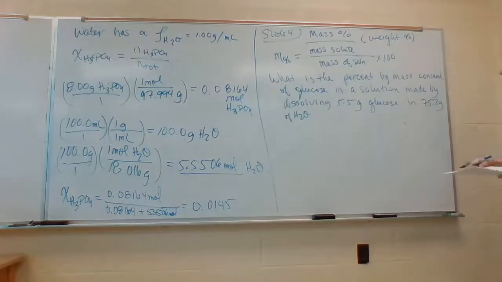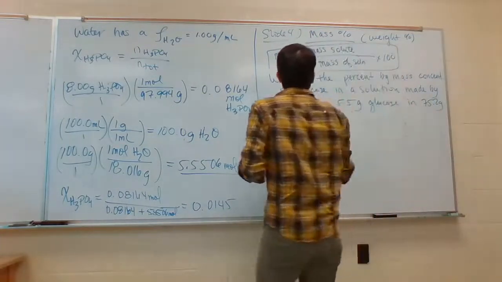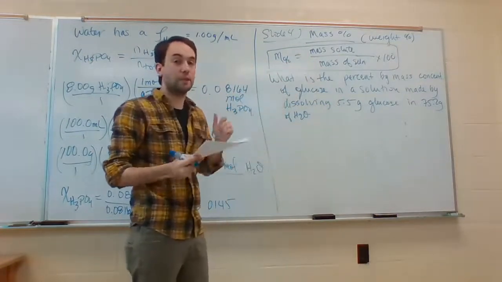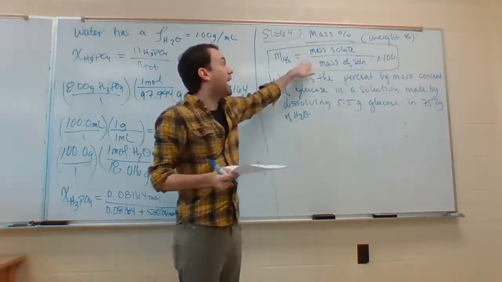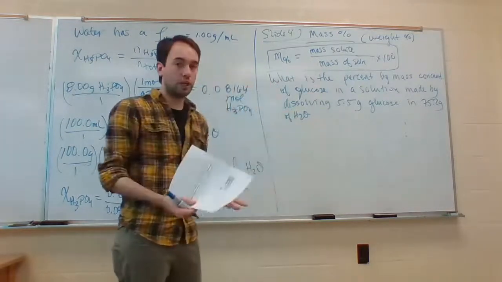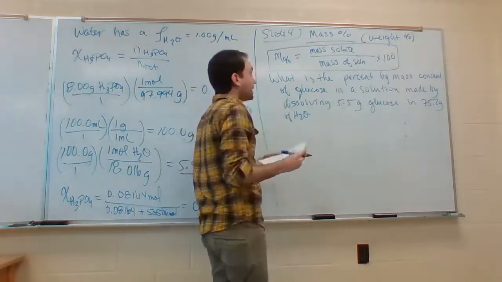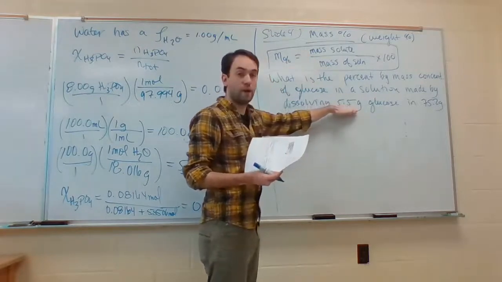If we look at our mass percent formula, we need the mass of our solute divided by the mass of the solution. Remember that the mass of the solution contains everything, whereas the solute would be 5.5 grams.